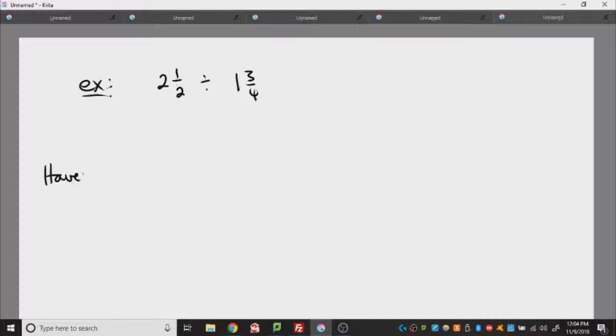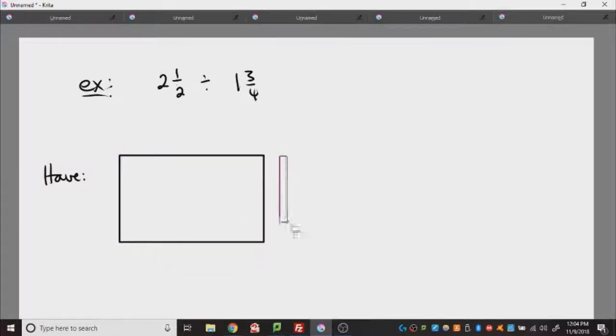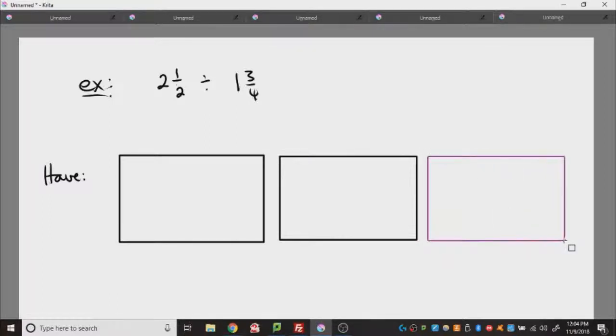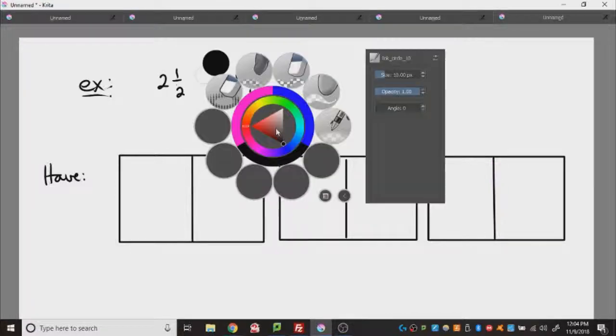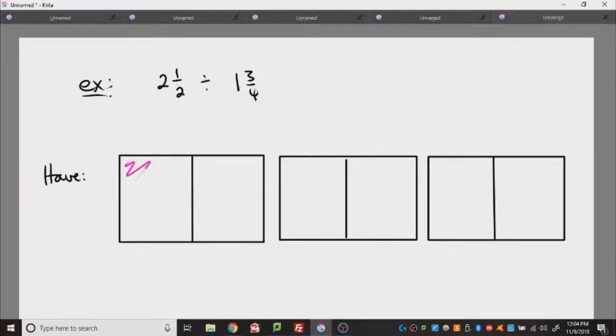So I start with what I have, which is a lot. Hopefully I'll be able to fit in some of my group once I figure out how big my group is. Luckily, we've been splitting it up into eighths and all kinds of stuff. Halves are so nice right now. Then pink for what I have.